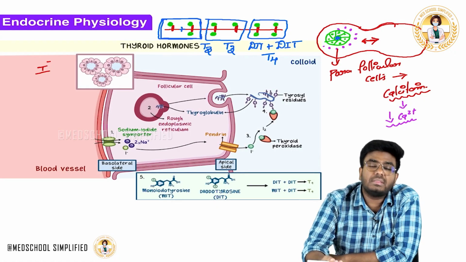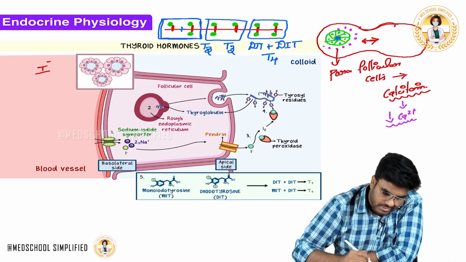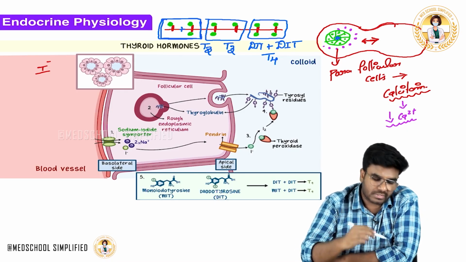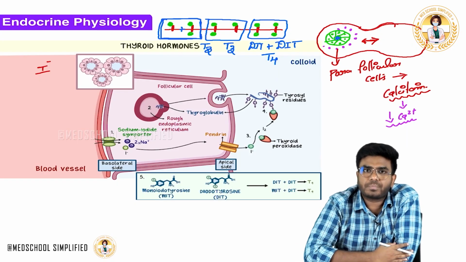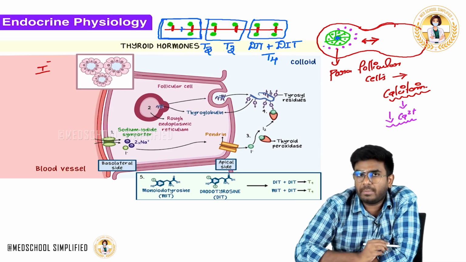So this is how T3 and T4 are produced. What is that important enzyme which is helping in this process? The important enzyme helping in all this biosynthesis of thyroid hormones is thyroid peroxidase. Thyroid peroxidase helps first in oxidation, the conversion of I- to I2.